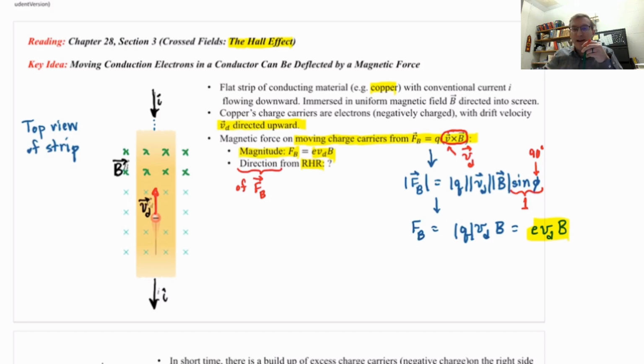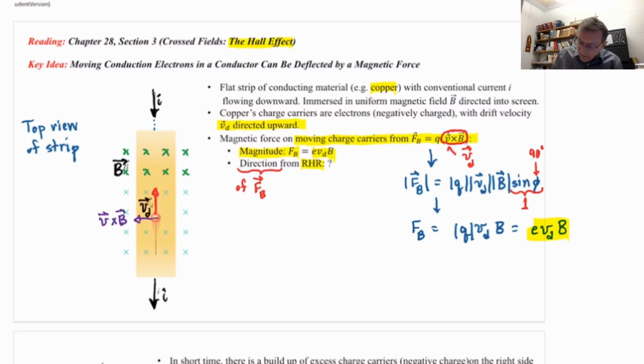And so I use my right hand, palm out along V, so that I can push V onto B. My thumb, as I look at it, points to my left. So V cross B is that way. That's the direction of V cross B, to the left.